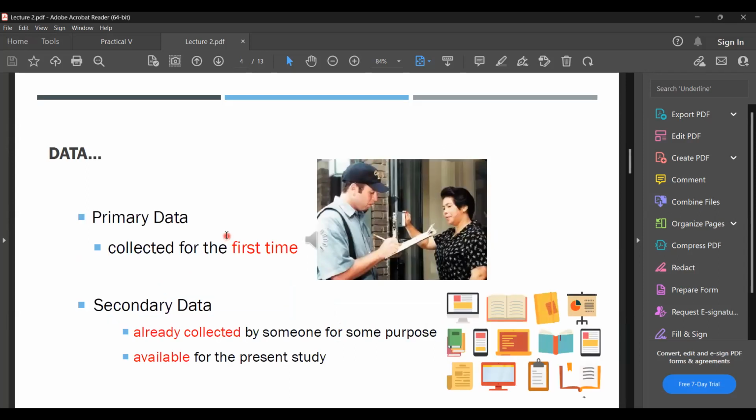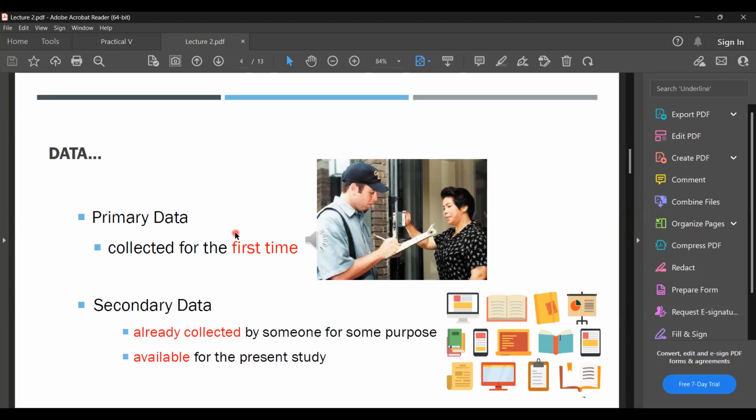Primary data means you collect data for the first time, according to the objectives of your study. For example, if you are doing research regarding the monthly household income in Sri Lanka, you have to collect data by yourself.